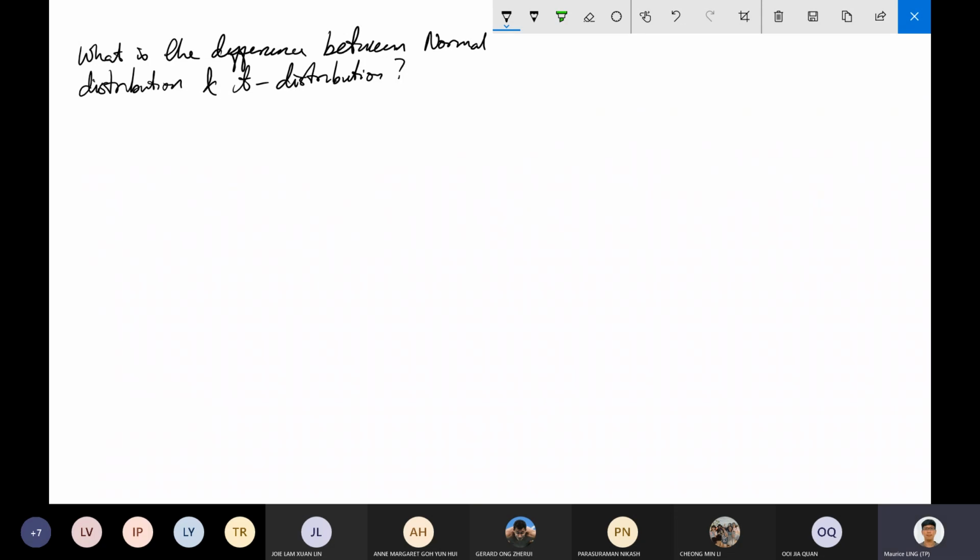Why do we have normal distribution and your t-distribution? Of course, you can say that normal distribution is used for z-test, your t-distribution is used for t-test. But you find that the equation for z-score calculation and t-score calculation is identical. So why are there two distributions that you can use? And it will tend to give you different results.